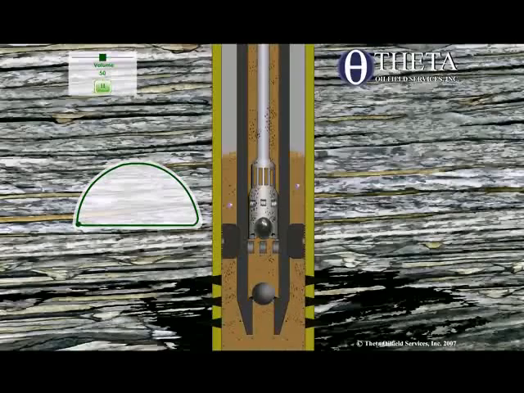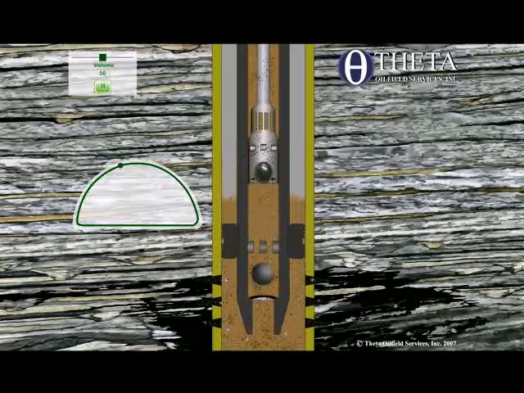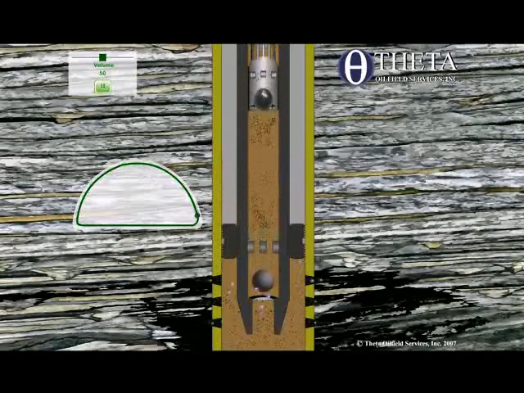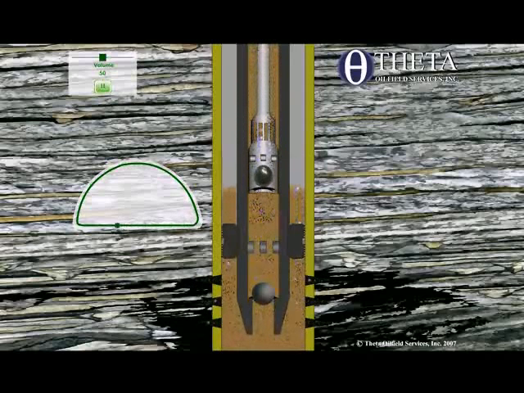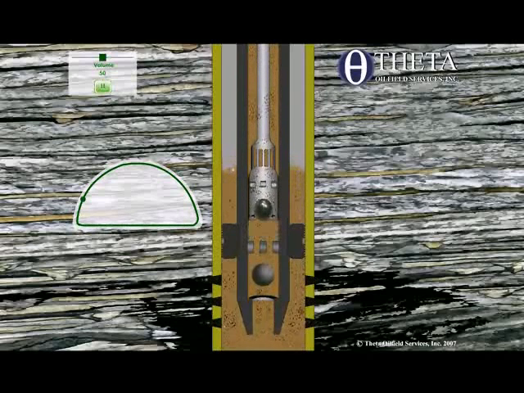And the same thing when you have a leaking traveling valve. See, on the upstroke, fluid is leaking out.